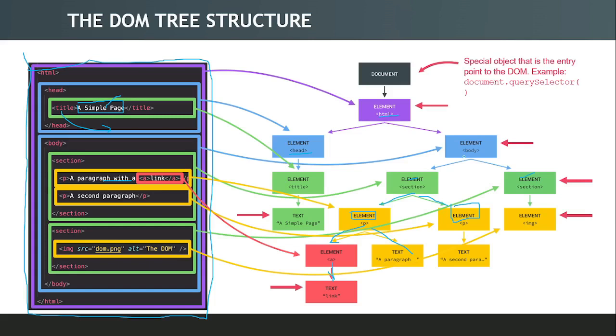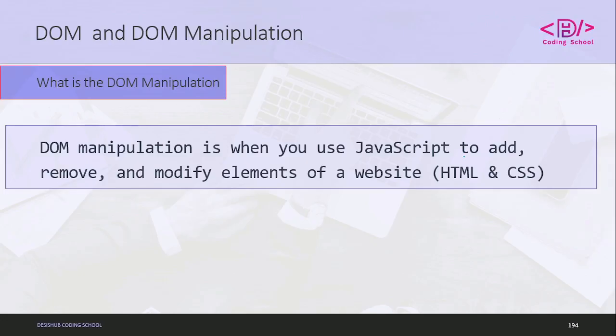We are going to continue, and I will be referring to this page all the time. Okay, so then we have seen what a DOM is. We have seen a DOM is an interface, or a structure where we can access our HTML elements, and then we can talk to them. So what is DOM manipulation?